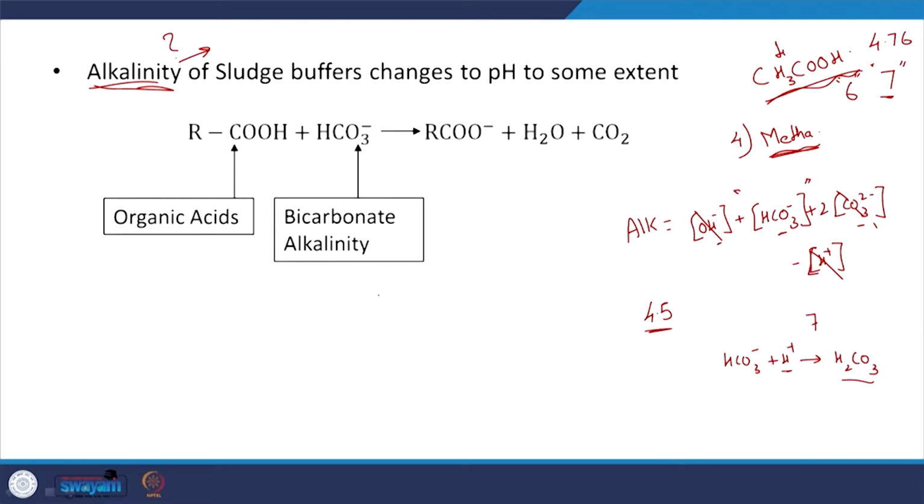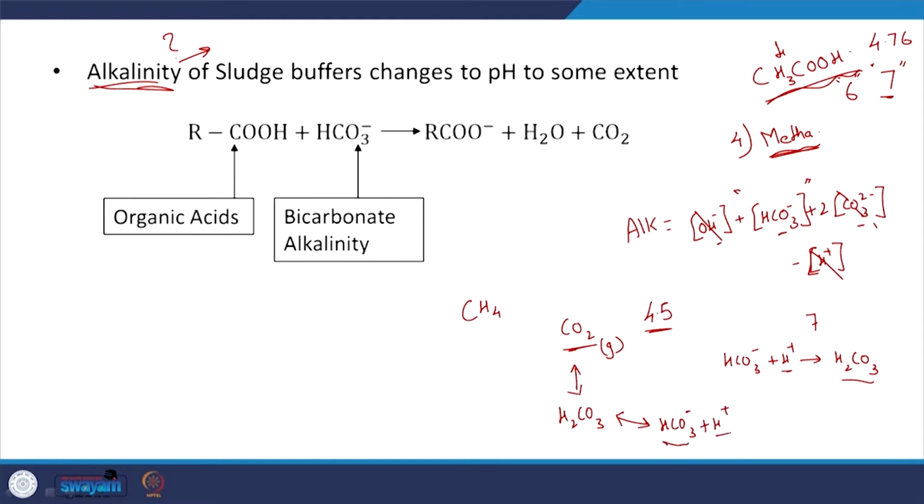Another aspect to keep in mind is that during methanogenesis, you saw that acetic acid can be converted to carbon dioxide. This carbon dioxide, when it is dissolved in the aqueous phase, will be in equilibrium with H2CO3, and depending on the pH of the solution, this H2CO3 will again be in equilibrium with HCO3 minus by releasing the H plus.